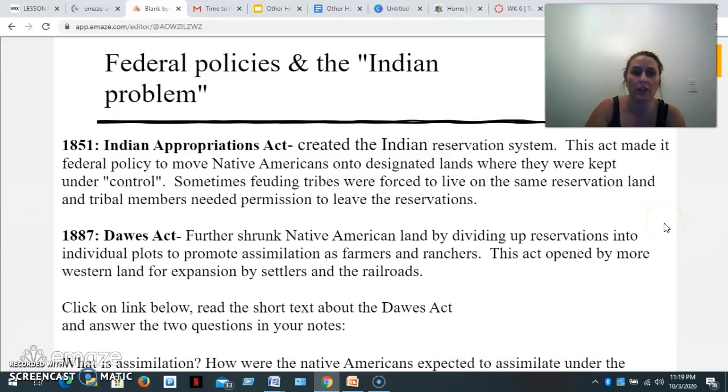Needless to say, it wasn't a very pleasant experience for the Native Americans to be on a reservation system. And in 1887, the Dawes Act further shrunk Native American lands by dividing up the reservations into individual plots. They did this to promote assimilation as farmers and ranchers. This act opened up more western land for settlers and the railroads to come in and take over.